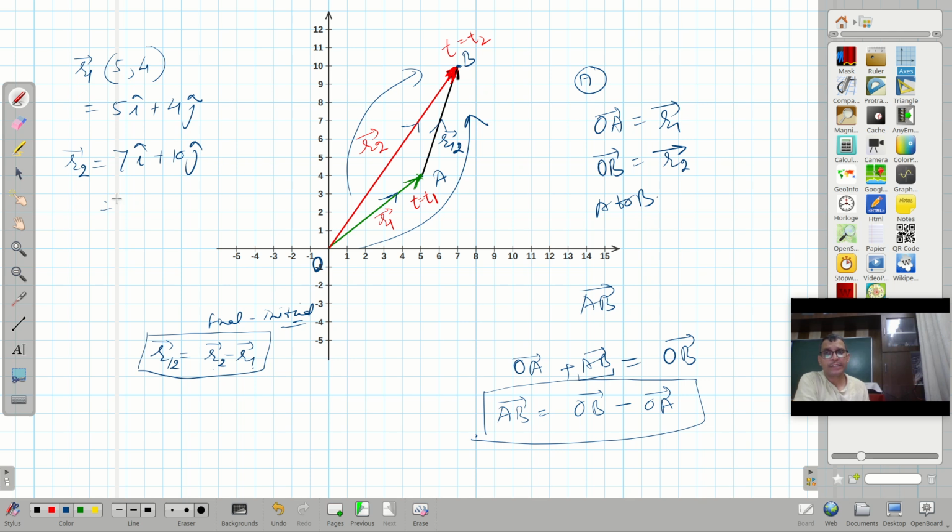So it is represented by R2, 7, 10. This is another way to represent these vectors, because here it is 7 and here it is 10. Let me draw a perpendicular from this to this. Say this is one point, this is another point. Similarly, I have this one point and this is another point.